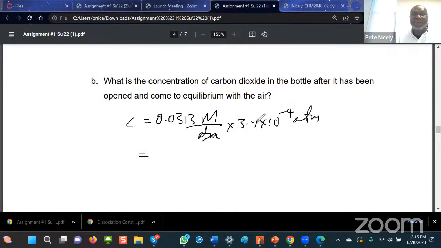And the atmosphere units will cancel out. According to my calculations, this works out to be equal to 1.1 times 10 to the minus 5 M. And that's basically how that is done. Any questions concerning this one?